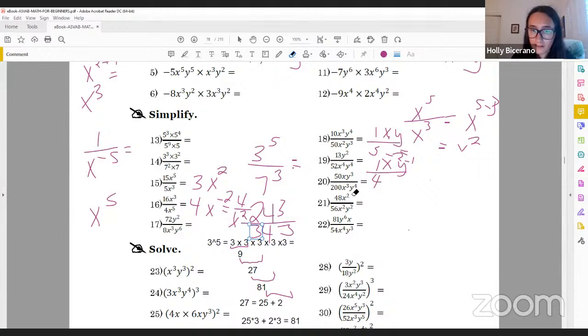So we have 1 x to the power of -2, y to the power of -1 over 4. Because we had simplified 50 over 200 to 1 over 4. X over x cubed became x to the power of -2. And y cubed over y to the 4th became y to the -1.